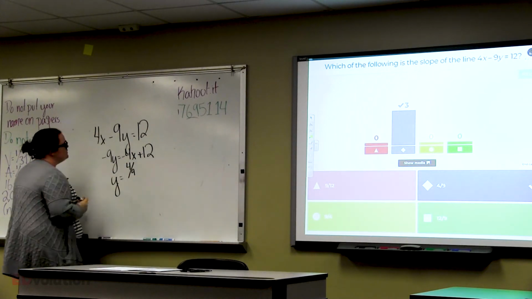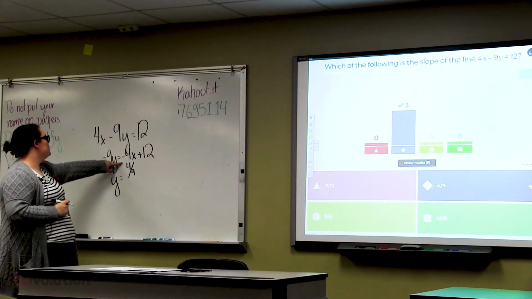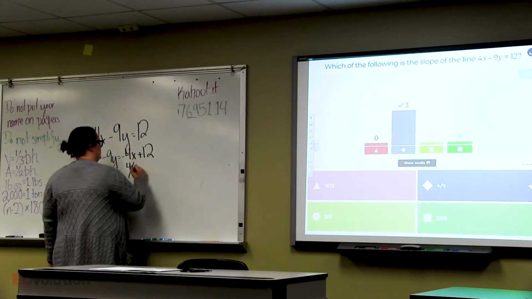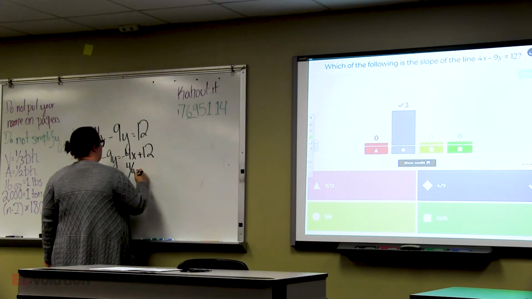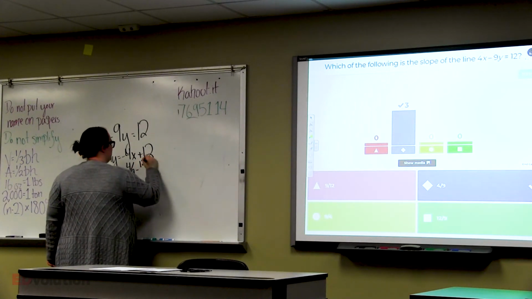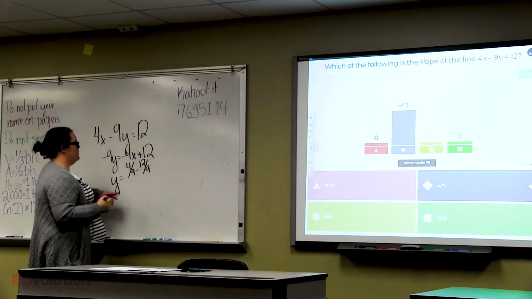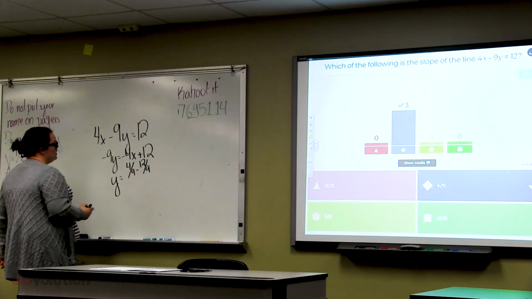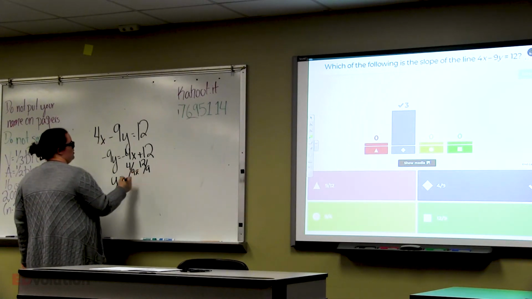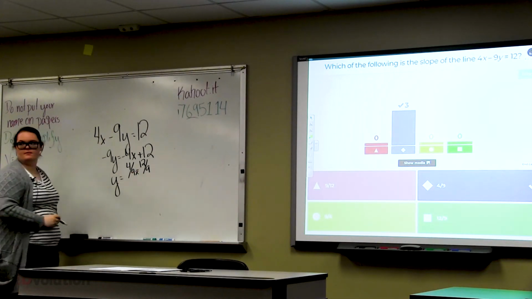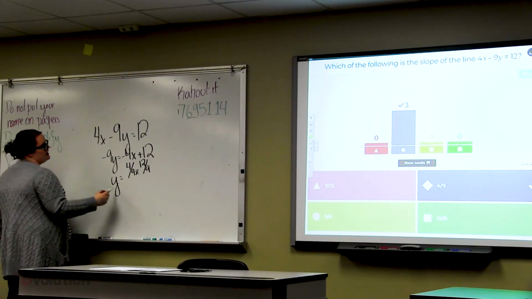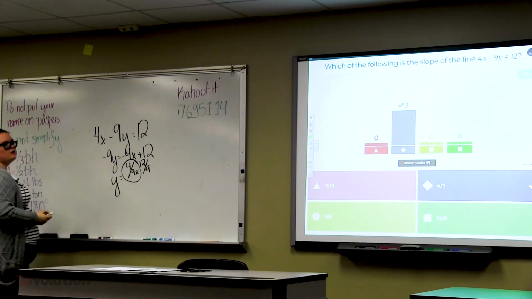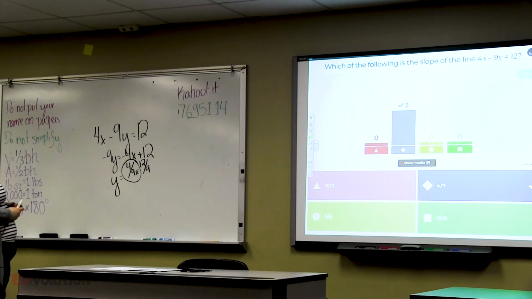Whenever I have two negatives, they make a positive. But whenever I have one negative and one positive, they equal a negative. So then we're left with this as our slope, 4/9.